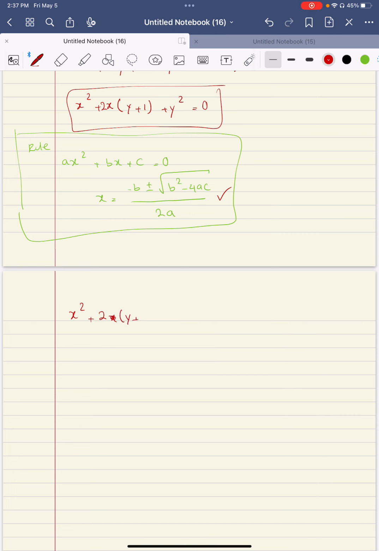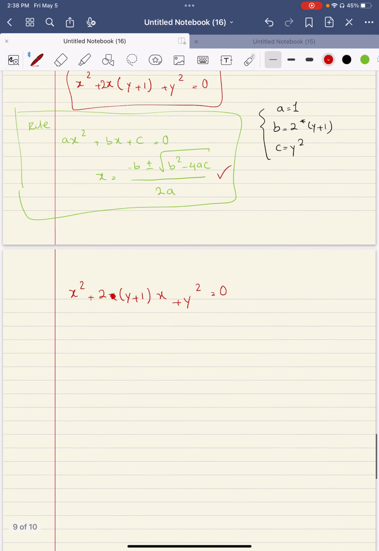Plus y to the power of 2 equals 0. So in here, my a is 1, my b is 2 times y plus 1, and my c is y to the power of 2, right?